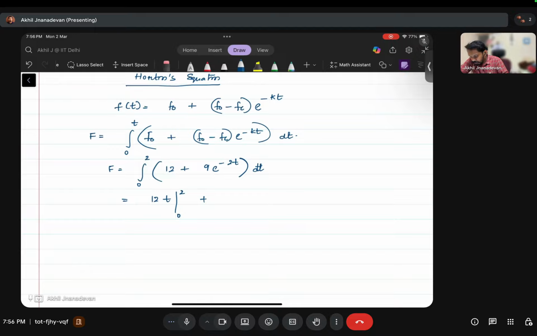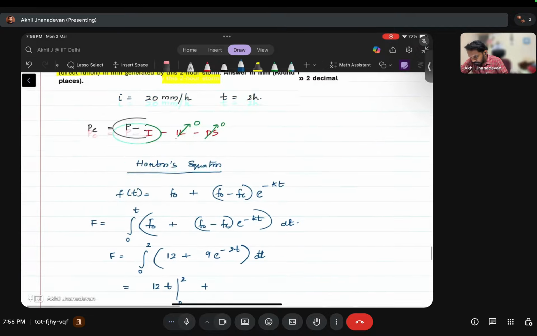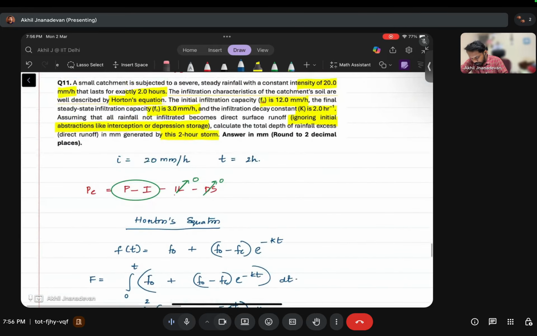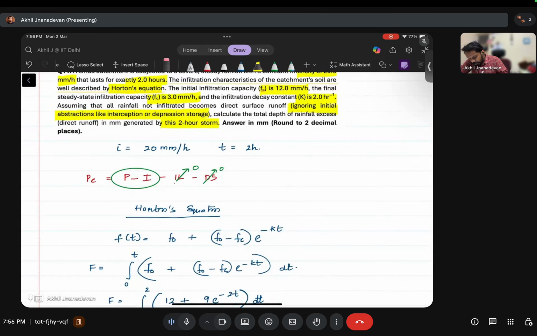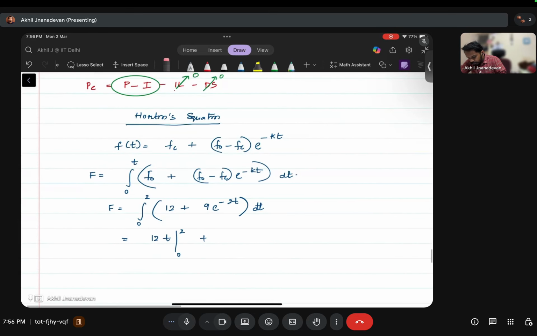There is a small mistake: it is not F naught, it is Fc here, so it will be 3, not 12. So this will be 3t within the limit 0 to t, and 9 e raised to minus 2t by minus 2, also within the limit 0 to 2.